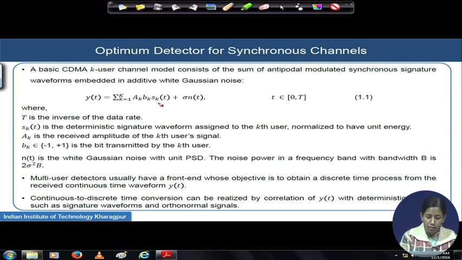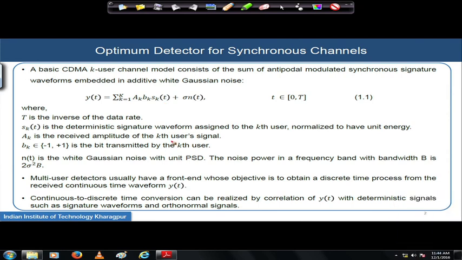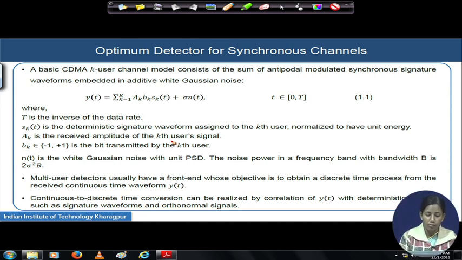Inside this equation, s_k(t) denotes the deterministic signature waveform, which is basically the spreading code that you have given to independent users, and it varies from user to user. It is a typical signature waveform, that is why we call it so, and it is assigned to the kth user, which is why the k is specified. b_k is the transmitted bit, which can be either +1 or -1 for our consideration.